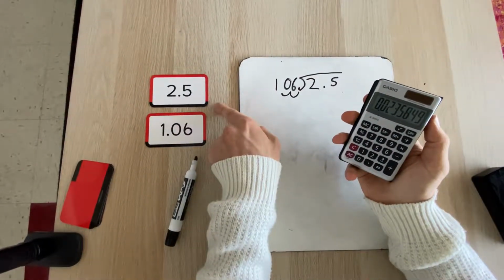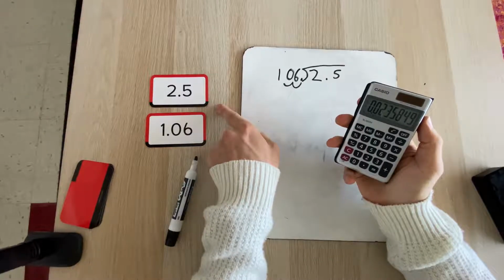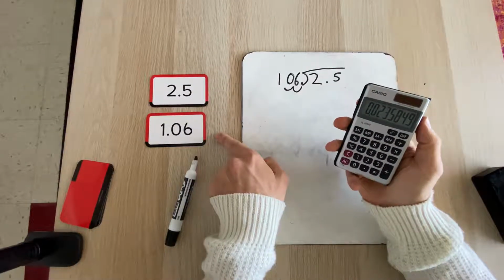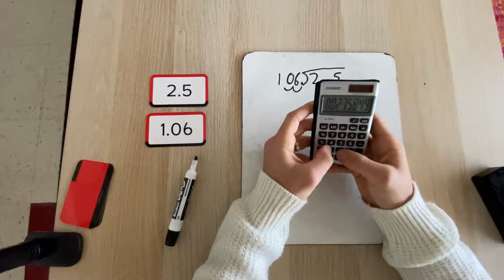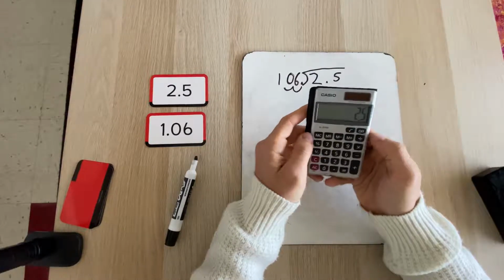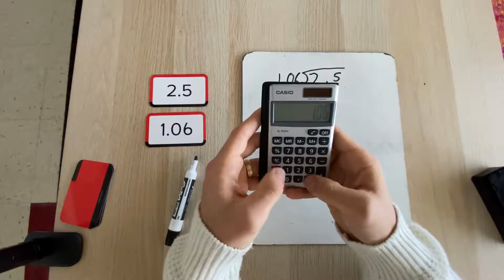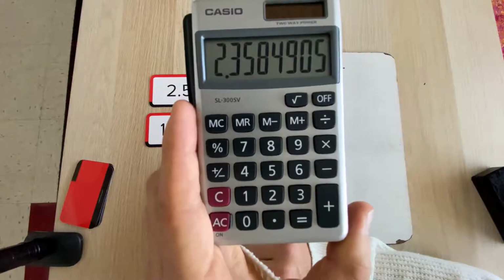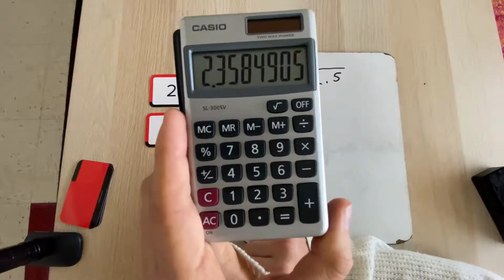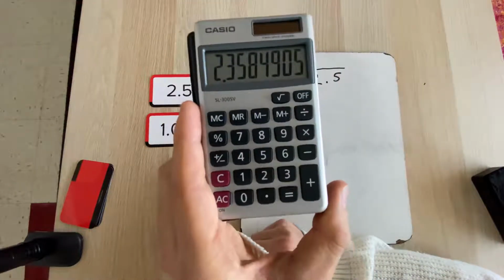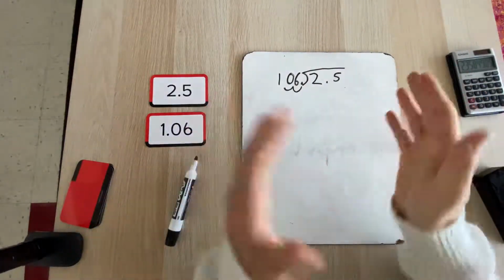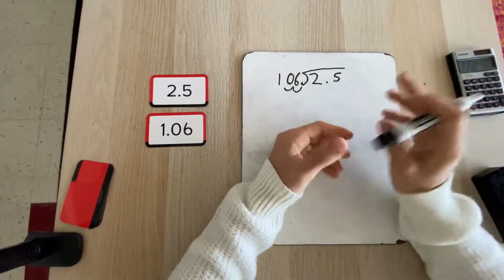Well, let's do the original question, 2.5 divided by 1.06, or 2 5/10 divided by 1 6/100. We get a totally different place value, a totally different number. We get 2.3600, just about. So we have to adjust for the change in place value that we just saw.